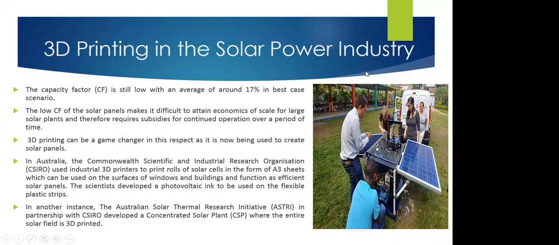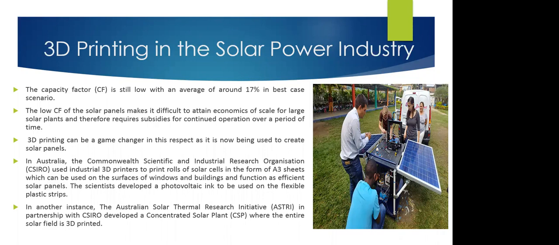In Australia, the Commonwealth Scientific and Industrial Research Organisation used industrial 3D printers to print rolls of solar cells in the form of A3 sheets, which can be used on the surfaces of windows and buildings and function as efficient solar panels.